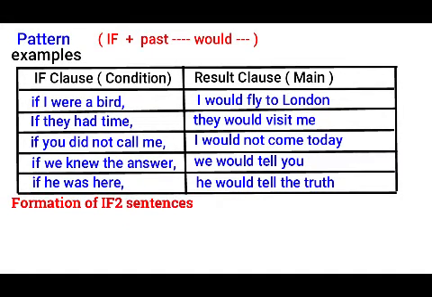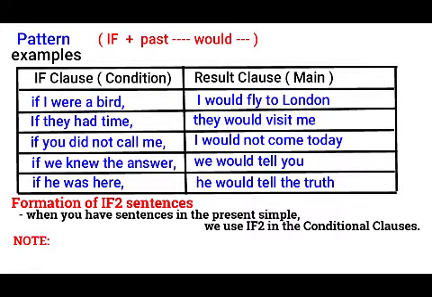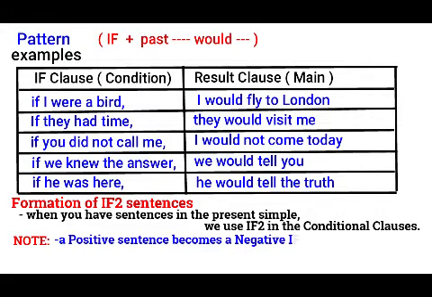Formation of if-2 sentences. When you have sentences in the present simple, when converting them to if sentences, we use IF-2 in the conditional clause. Note: when converting sentences in IF-2, a positive sentence becomes a negative if clause and vice versa. Take an example.